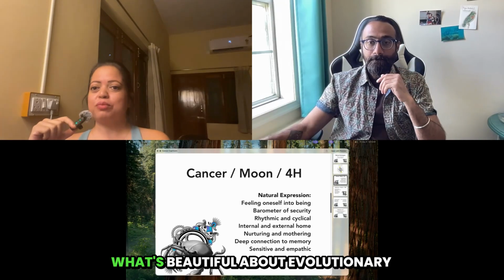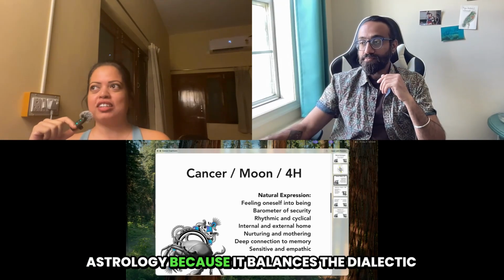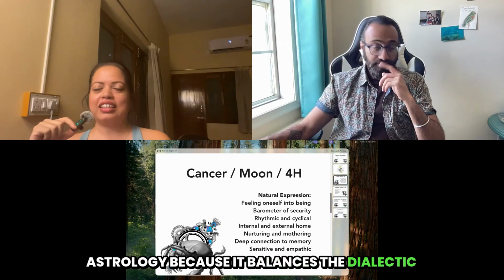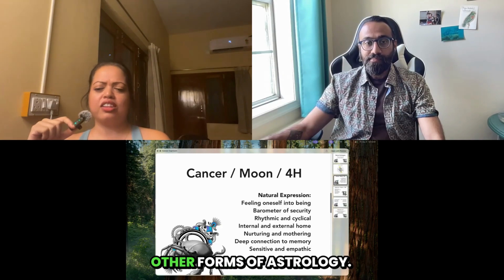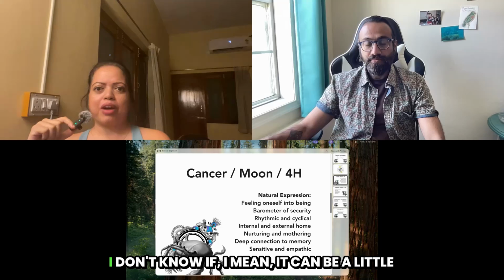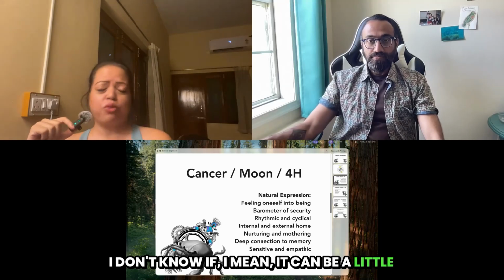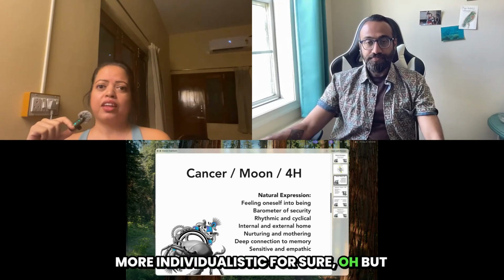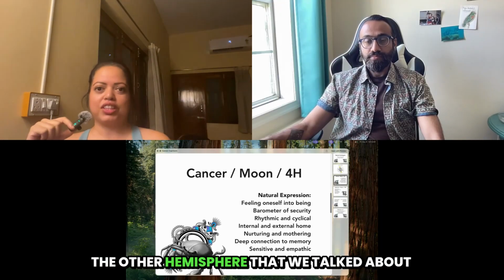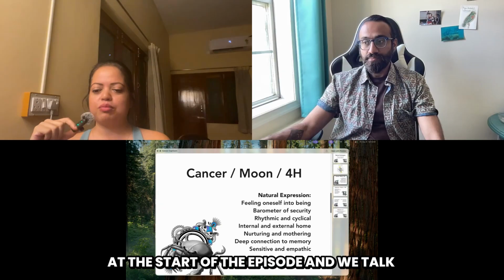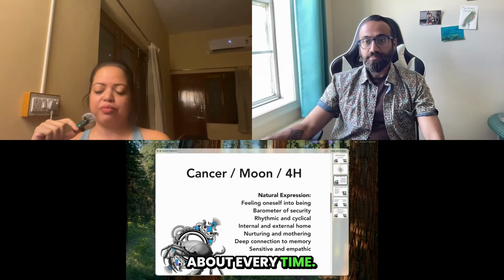And that is also what's beautiful about evolutionary astrology, because it balances the dialectic of self and other, right? I don't find this sort of balance in other forms of astrology. It can be a little more individualistic for sure. But that's why we have the self hemisphere and the other hemisphere that we talked about at the start of the episode, and we talk about every time.